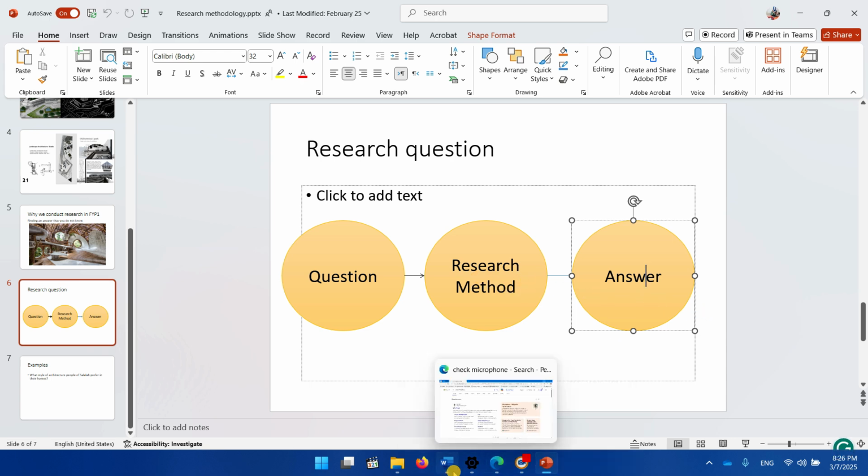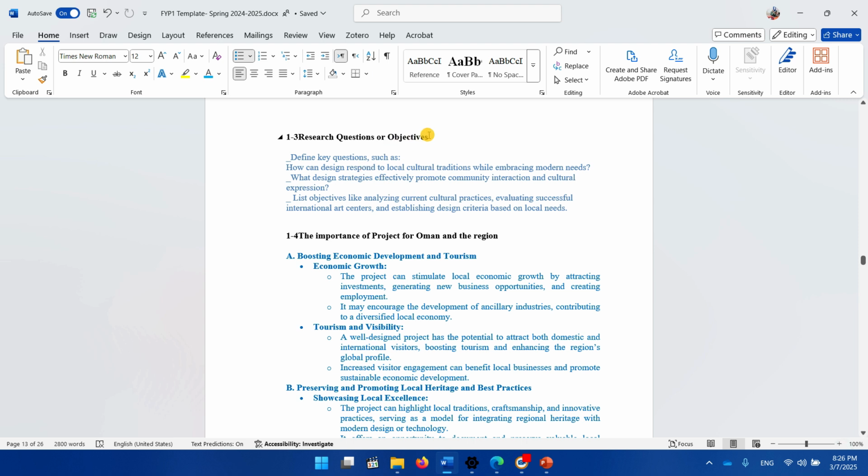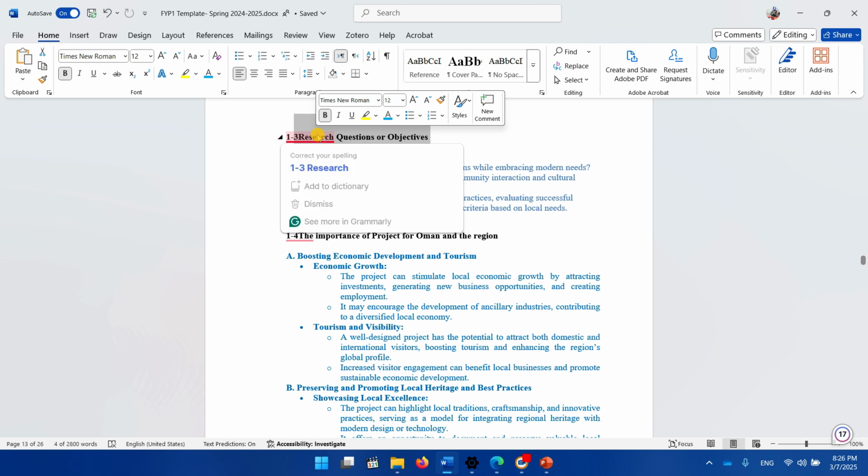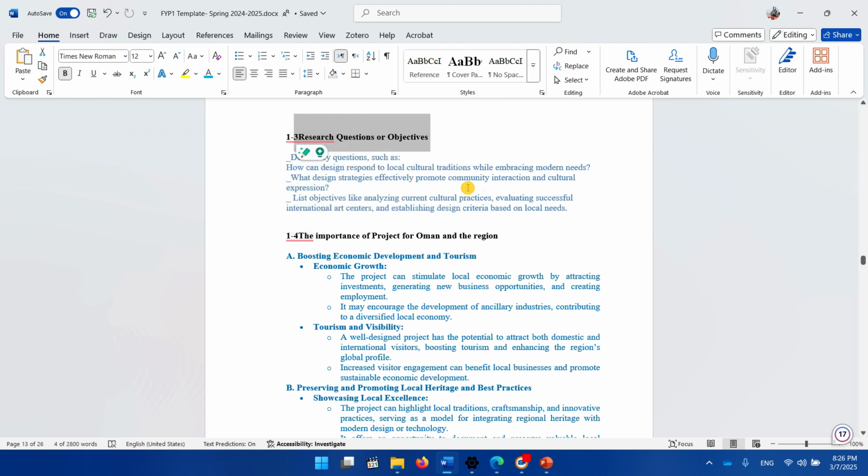So here also in the report, this research question or objective is the sample of questions that you have in your mind. Okay, for example, it can be, what do people in Oman like about, let's say, biophilic features?